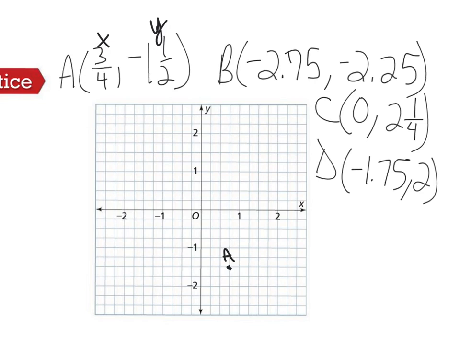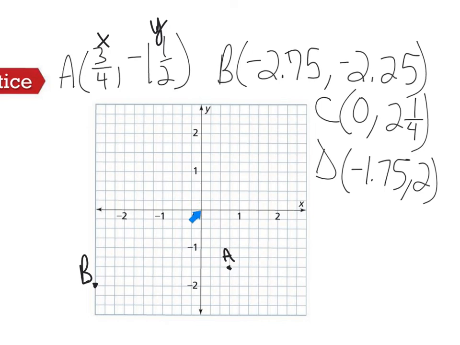B is at -2.75, -2.25. We can start by going to -2, -2.25, -2.5, -2.75, right on the edge, and then we go -2, -2.25. If you want, you can get to the part to the left of the decimal and then finish off by going to the decimal part.